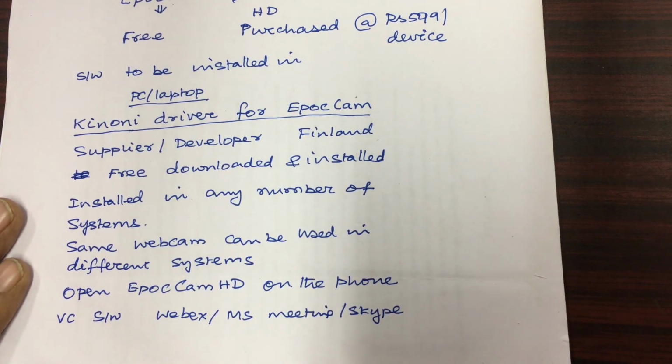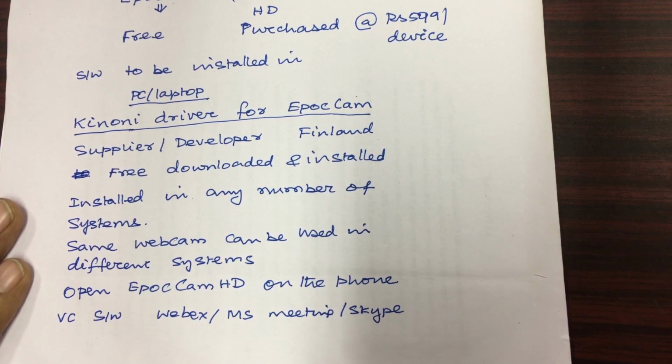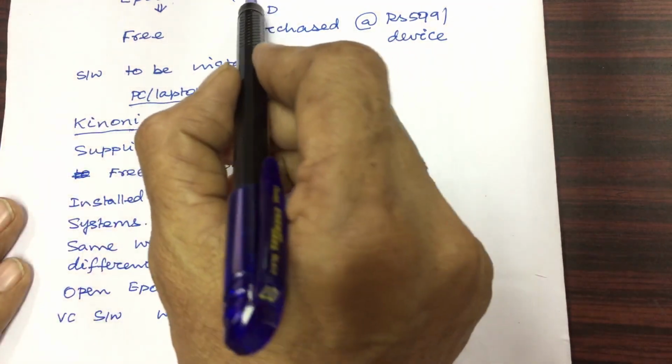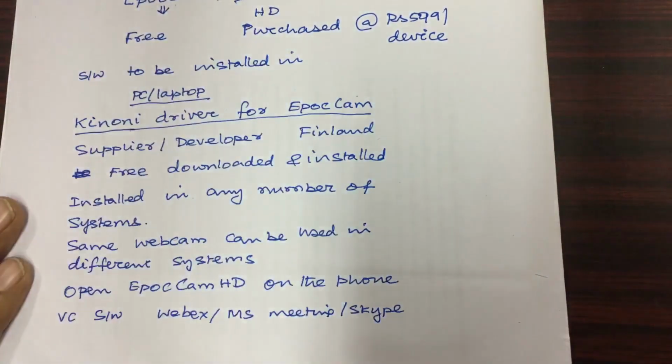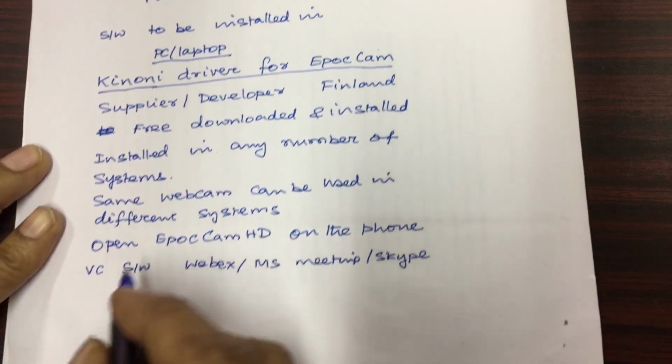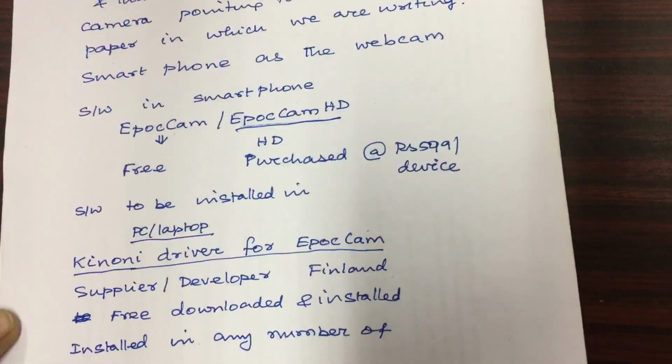Okay, so there are two software to be installed, one on the smartphone and another on the PC or laptop. The EpochCam HD is preferable, even though it is to be purchased, because it has many features.